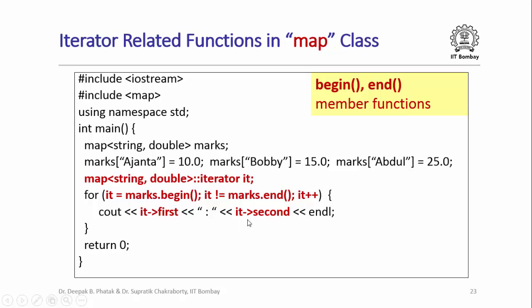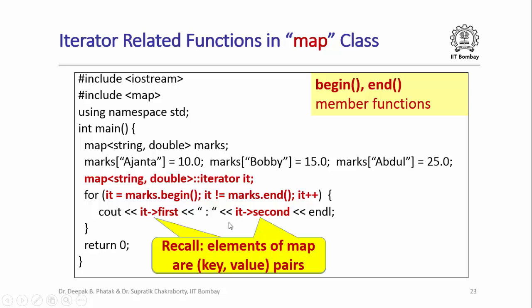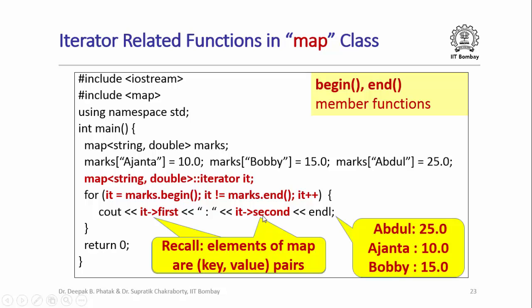So I'm using the arrow operator to access the first and second data members of the pair which is storing the key value pair in the map named marks. So what do I expect to see here when this is executed? So noting that these are basically the key and the value, I expect to see in sorted order of the keys, what will get printed is Abdul colon 25, Ajanta colon 10, and Bobby colon 15.